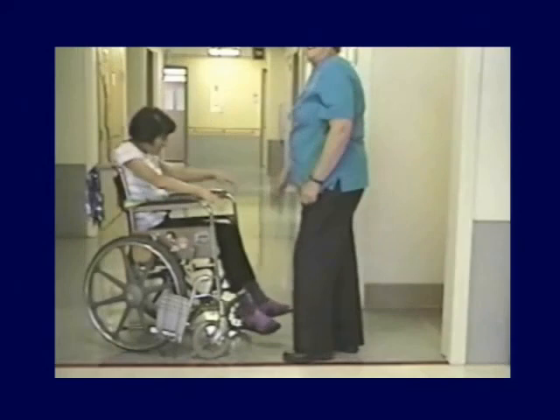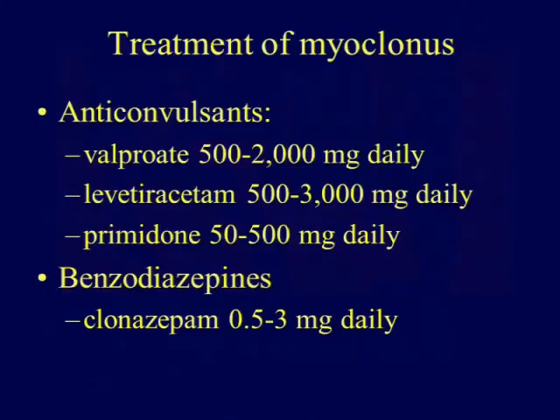What I did not show, because I clipped the video short, is that she also has knee buckling when she stands up. So that's another probably negative myoclonus involving her thigh muscles, probably her quadriceps giving out when she stands up. She's unable to stand by herself. So that's negative myoclonus, and it's very challenging to treat.